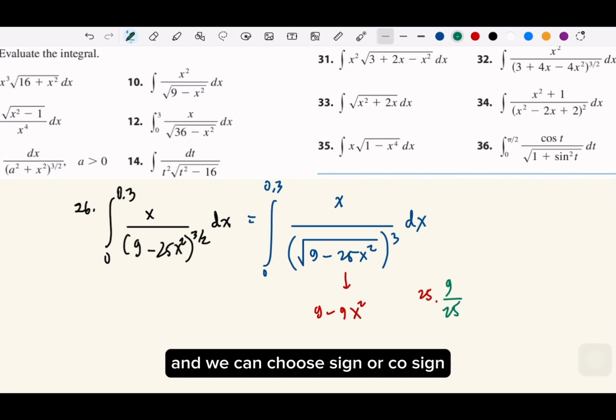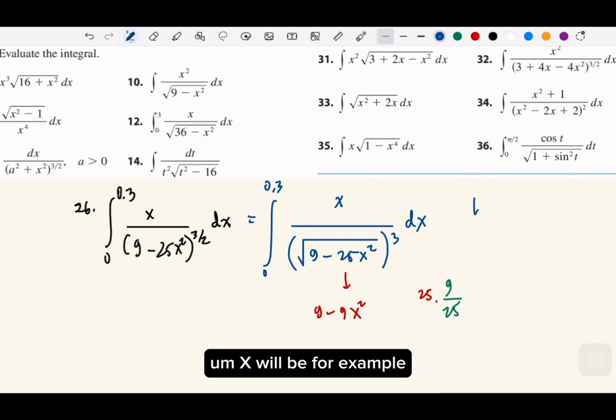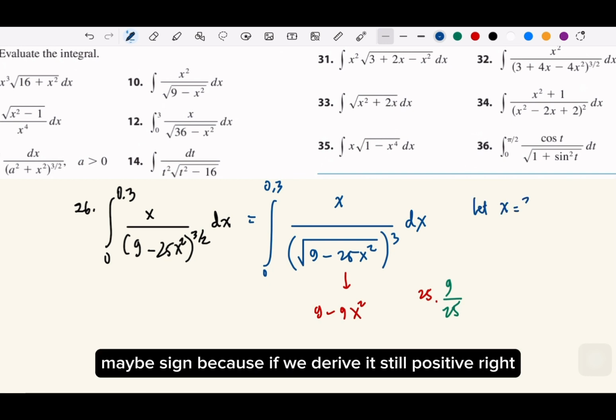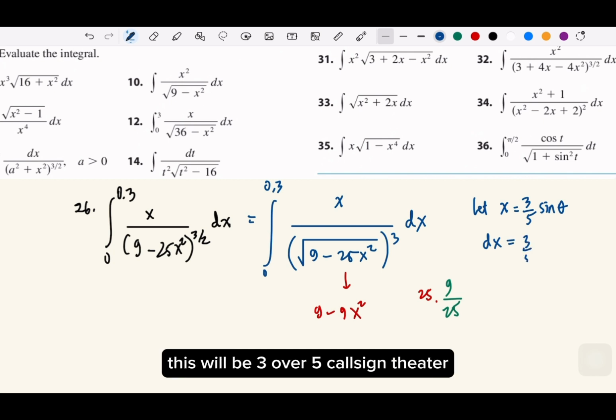And we can choose sine or cosine, right? So we can let x be, for example, sine, okay? Because if we differentiate, it's still positive, right? So let's say this. When we differentiate, this will be 3 over 5 cosine theta d theta. That is for the dx.